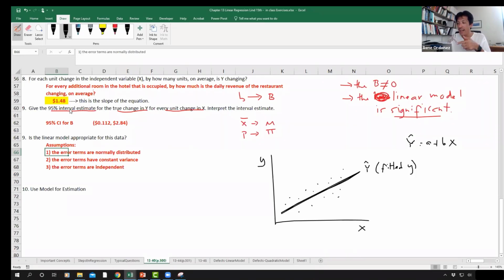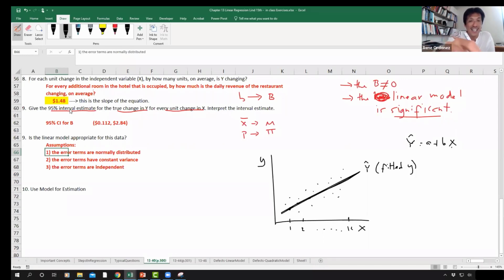So for every X, say X is equal to 1, what is the value of Y hat? When X is equal to 2, and so on and so forth. So whatever X value here, maybe say 12, the points on this line are what we call the fitted Y.